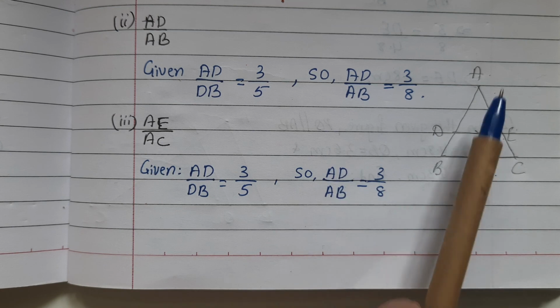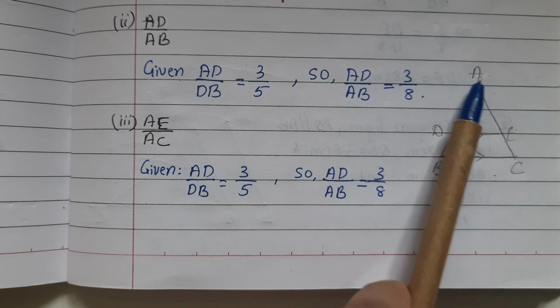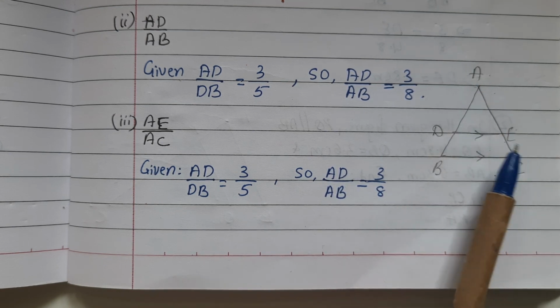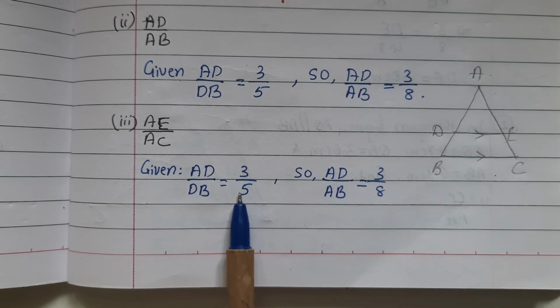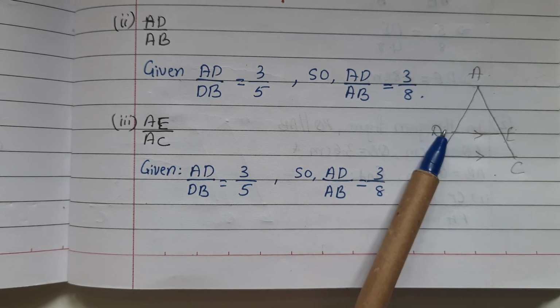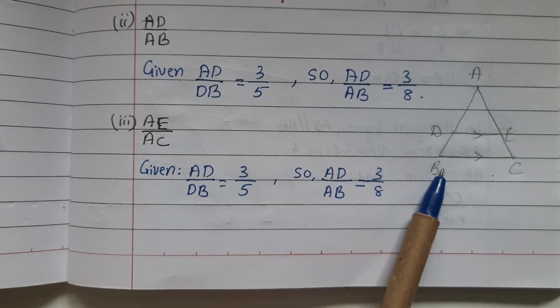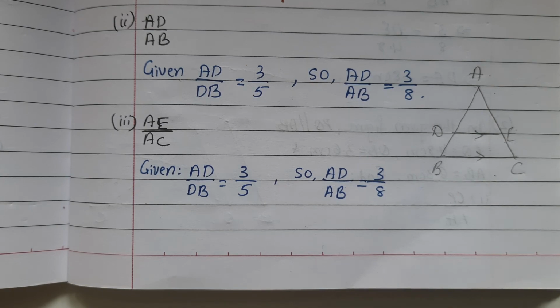Third part, AE upon AC. Since AD upon BD is 3/5, therefore AD upon AB is 3/8.